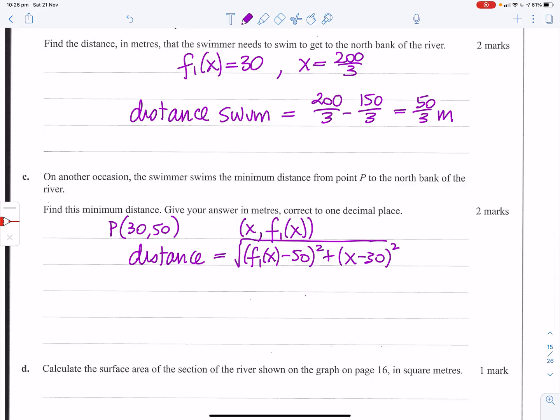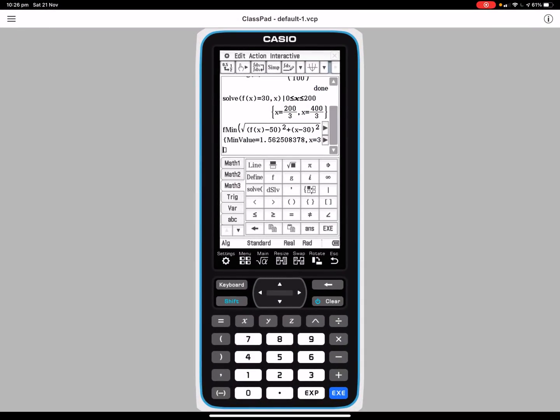Like, that doesn't make sense. Is f of x correct?